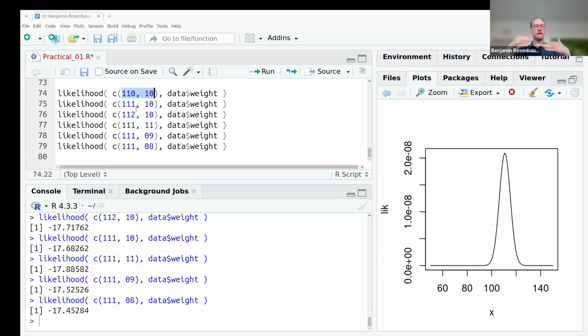So this is this iterative algorithm that is used for finding these parameters.